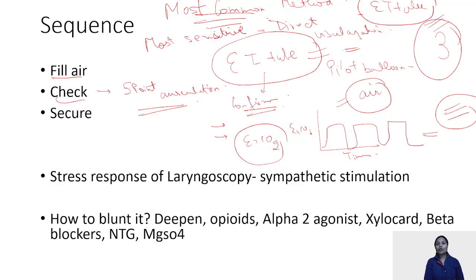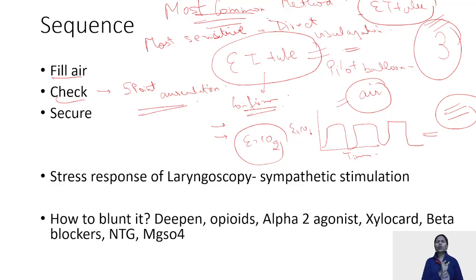First, the gold standard was your capnography, but nowadays for single lumen tubes as well as for double lumen tubes, the gold standard is your fiber optic bronchoscopy. That fiber optic can be used to check whether the single lumen tube is in situ or not. Done. 3 types of question come. The most sensitive method for confirmation of the endotracheal tube is direct visualization.